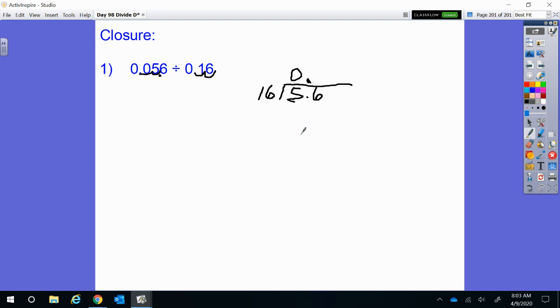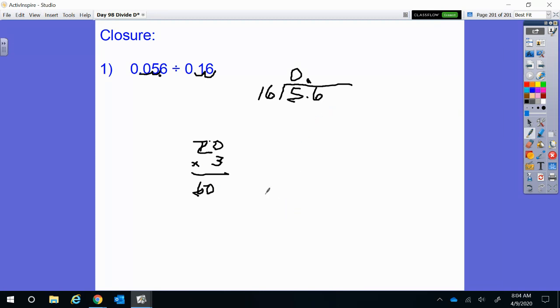Now, let's do some estimating. 16 and 56. Let's round 16 to 20. So 20 times 3 is 60. That's pretty close.